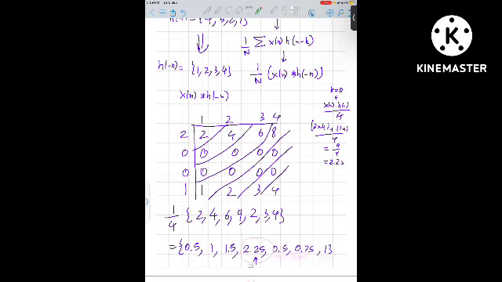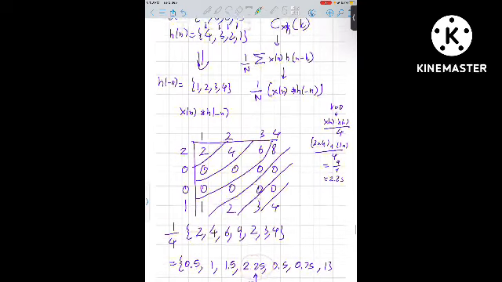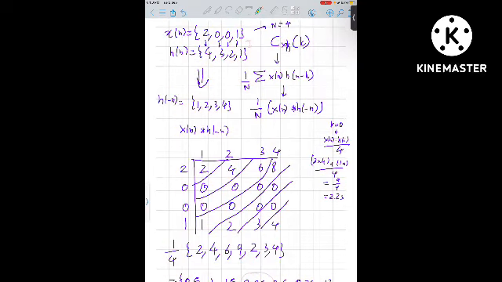So the point where you get 2.25 is your k equal to 0. Here capital N is 4, the length N. Why are we dividing by N?